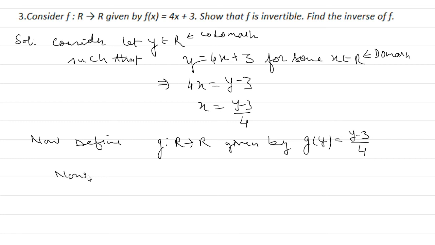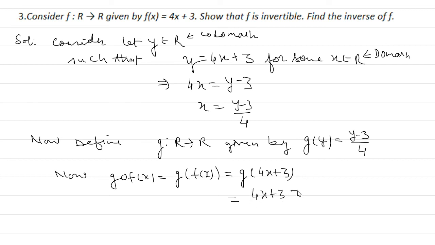Now g of f of x is equal to g of f(x), which as per definition is g of (4x plus 3). g is defined as g(y) equal to (y minus 3) by 4, so in place of y we'll write 4x plus 3: (4x plus 3 minus 3) divided by 4.